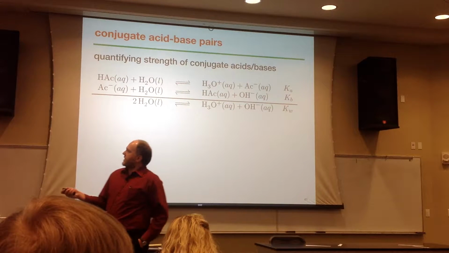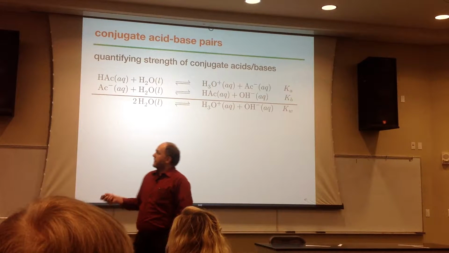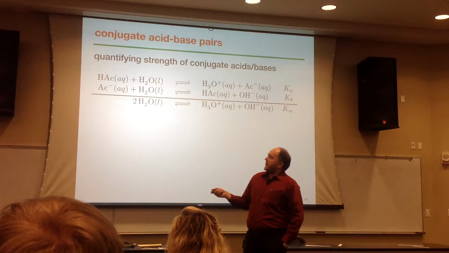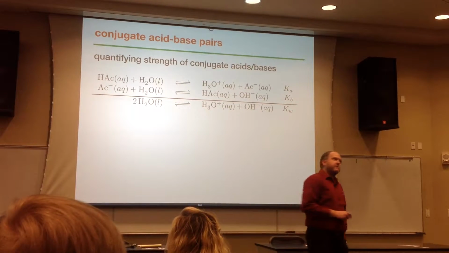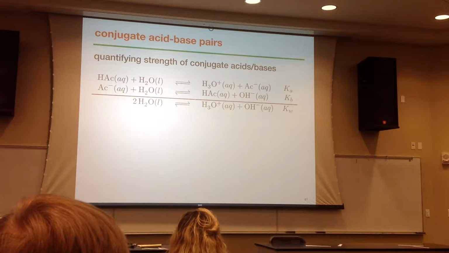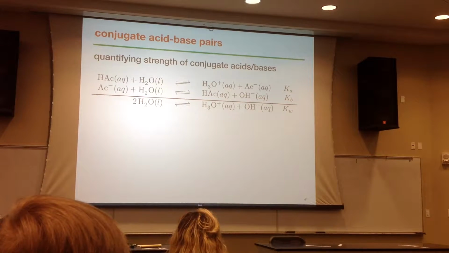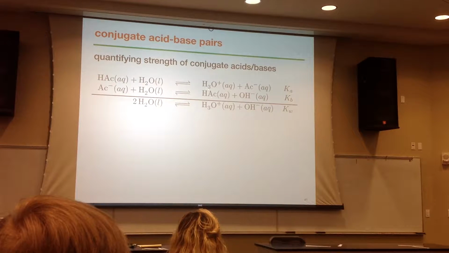So, since acetic acid is an acid, it has an ionization constant Ka. Acetate is the conjugate base of acetic acid, so I can react that with water and measure the Kb now, because acetate here is acting as the base. Okay, it's a proton acceptor. It's accepting a proton from water to give me acetic acid plus hydroxide.